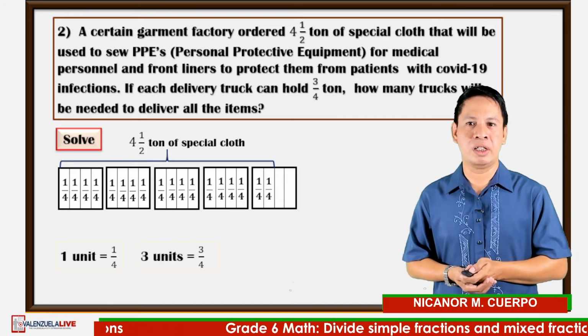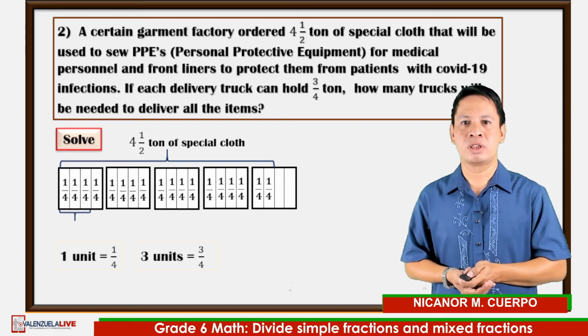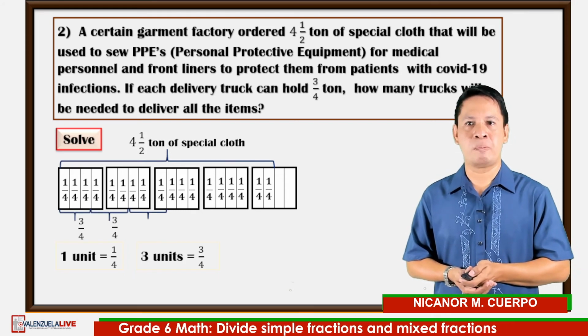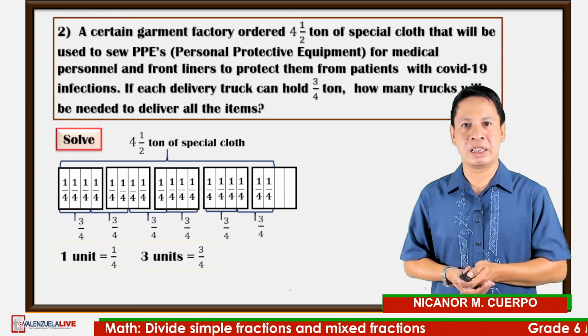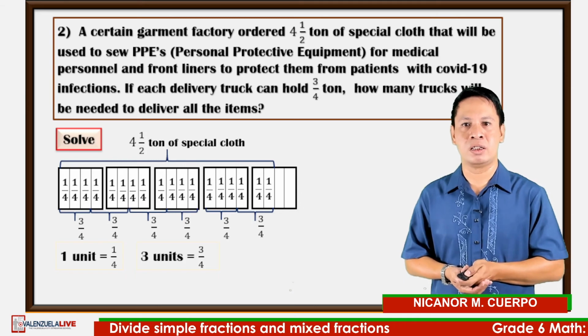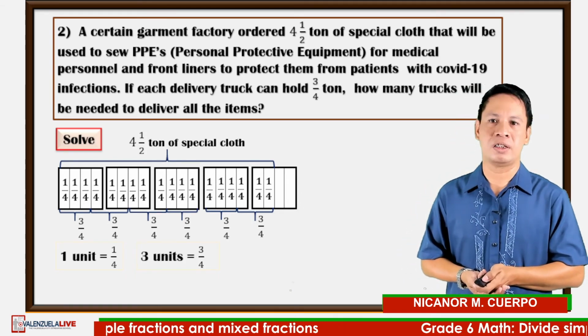Correct, we need 3 units to make 3/4. Now, if 3/4 represents the number of delivery trucks that can hold 3/4 ton, how many trucks will be needed to deliver all the items?